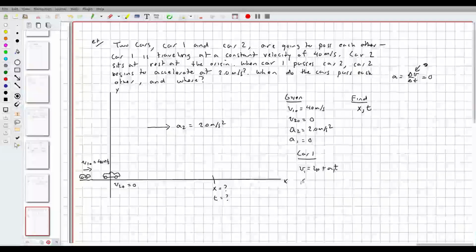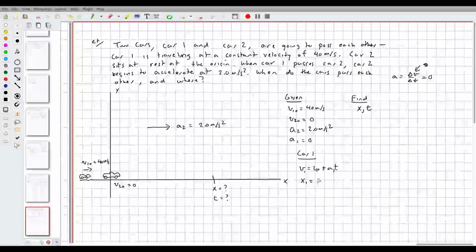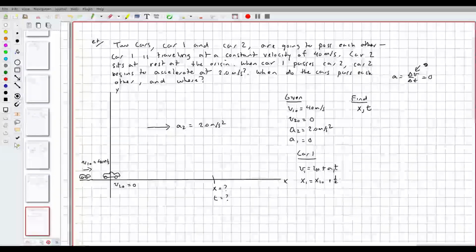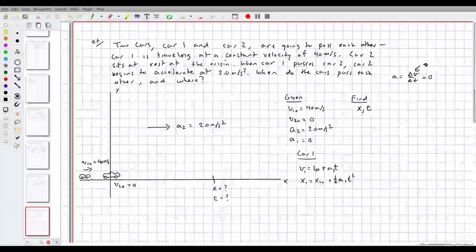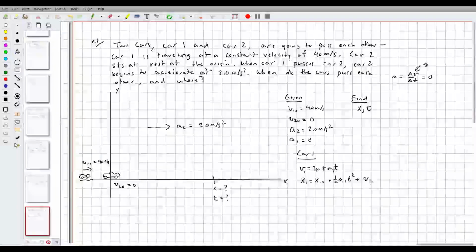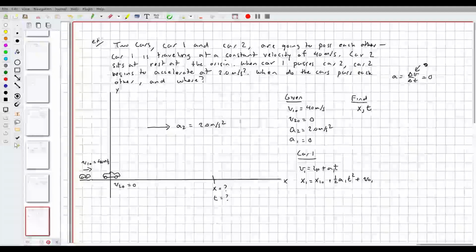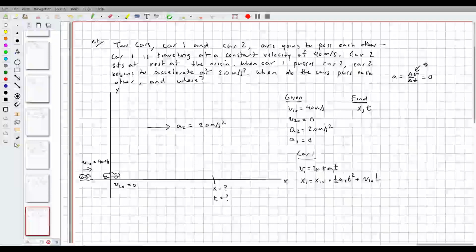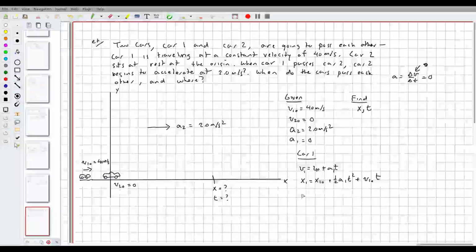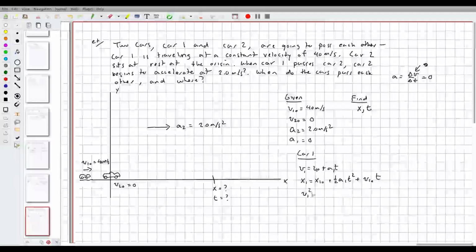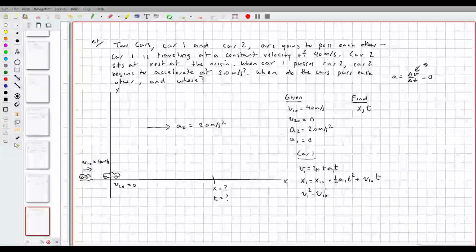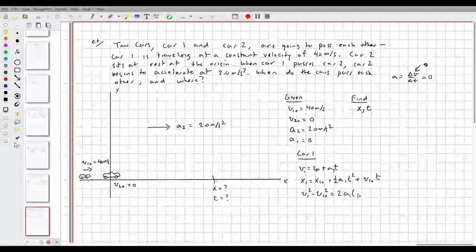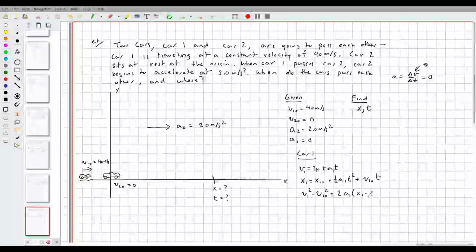Likewise, we have x1 is equal to x1 naught plus 1/2 a1 t squared plus v1 naught times t. We also know that v1 squared minus v1 naught squared is equal to 2 times a1 times (x1 minus x1 naught).